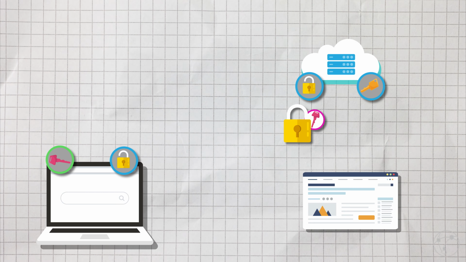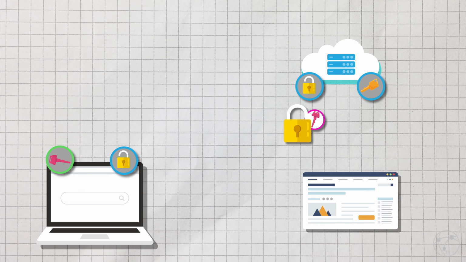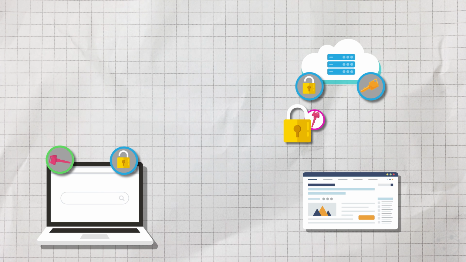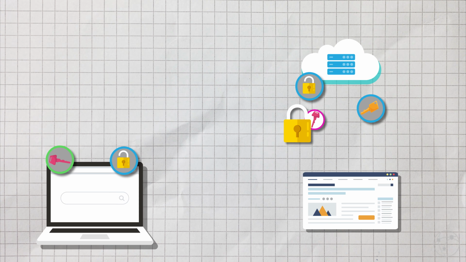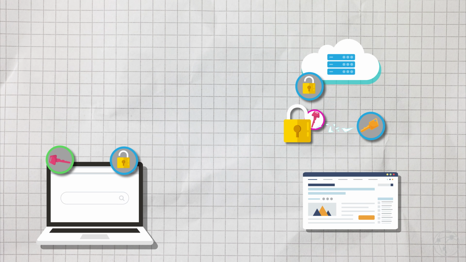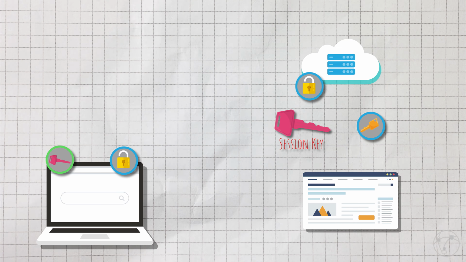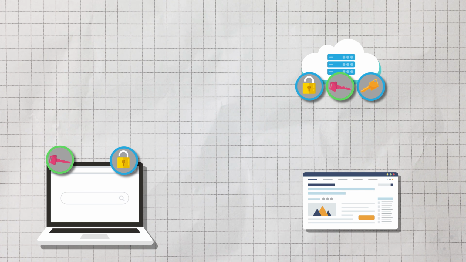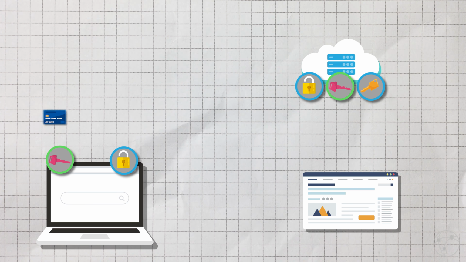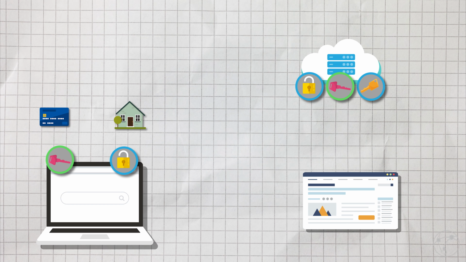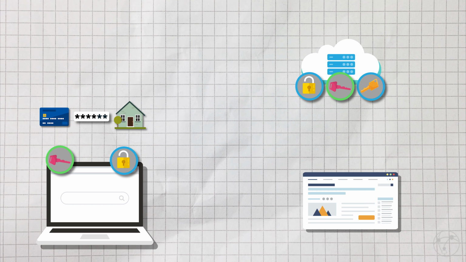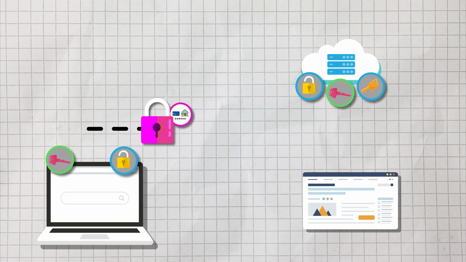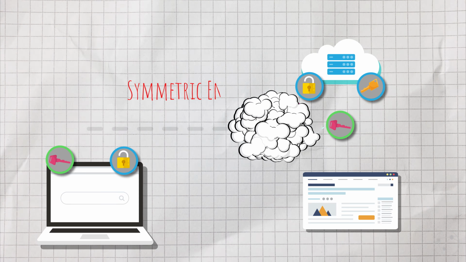Perfect. So then after the store server receives the encrypted session key, it will then use its private key to decrypt the message and reveal the copy of the session key. Then from that point forward, everything that I send to the store, like my payment details, my address, my login, all of it gets encrypted and decrypted using the session key in symmetric encryption.